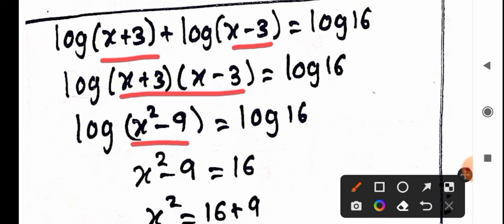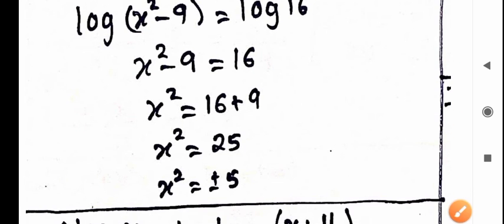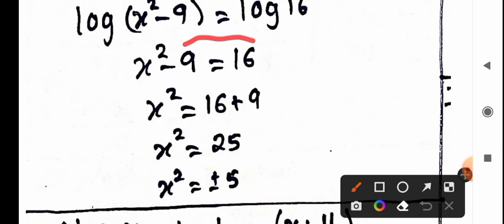Now by equality of log, we will get x square minus 9 is equal to 16. So this 9 will go over there, it will become plus, 16 plus 9 is equal to 25. So x square is 25, x is equal to plus minus 5.